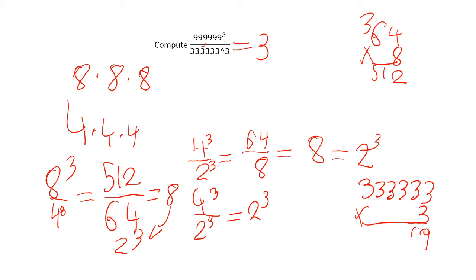But we're cubing both numbers, and we know from our pattern that this is going to be 3 cubed. Computing 3 cubed, 3 times 3 is 9, and 9 times 3 is 27. So our answer is 27.